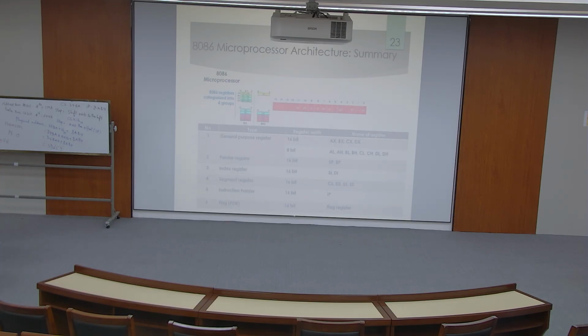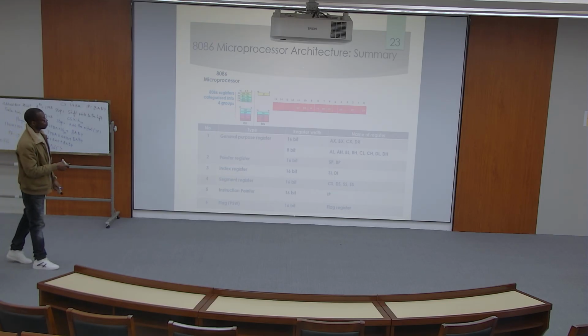Now, we have the 8086 microprocessor architecture summary. We have the general purpose registers, pointers, index registers, segment registers, instruction pointer, and the flags. So this gives you a quick view of the 8086 microprocessor architecture.